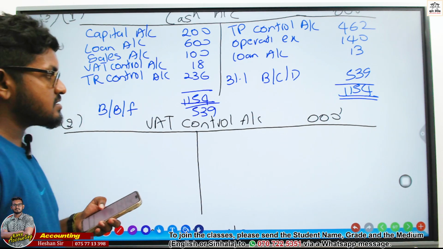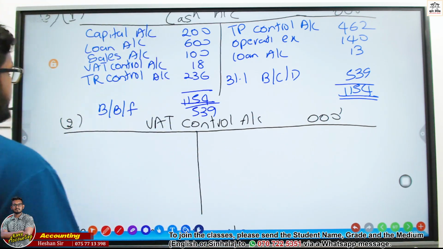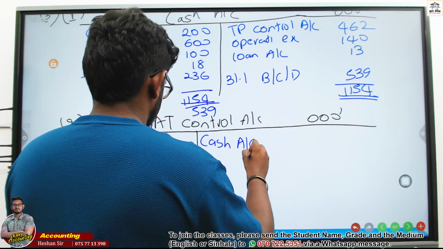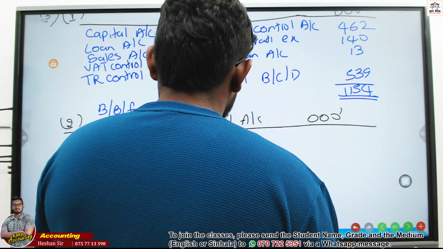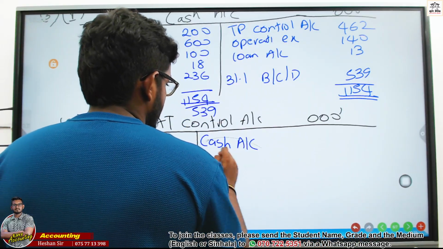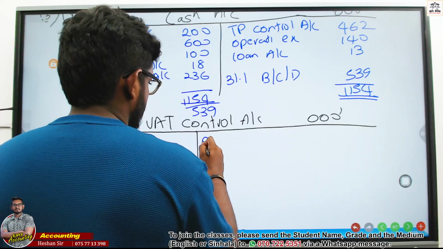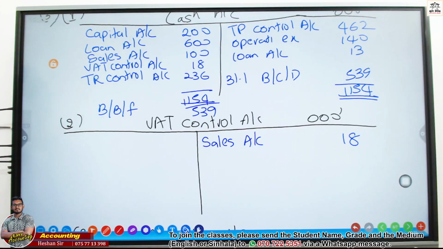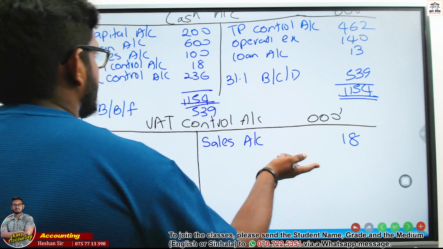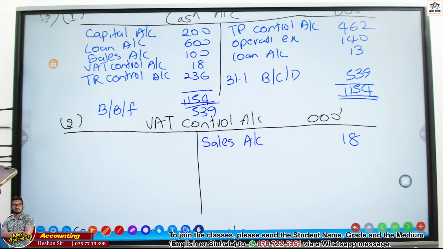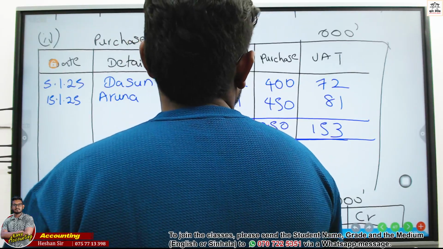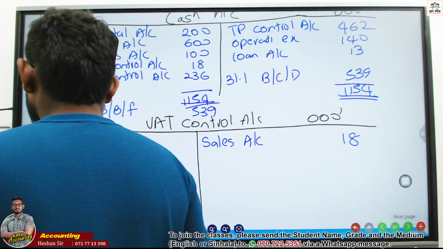VAT control account, you can see when we receive cash, there is 18, sales account 18, right? And you can see when we purchase, there was no VAT. And you can see these two had VAT, debtor and the creditor. You can see purchase journal 153, right?